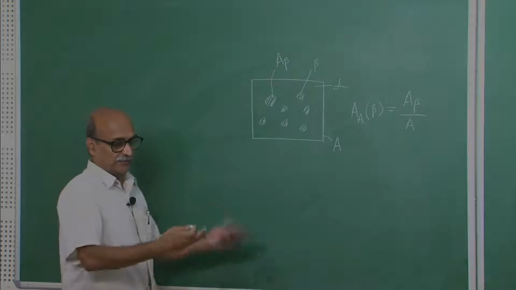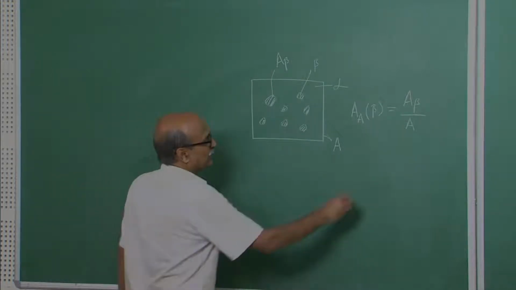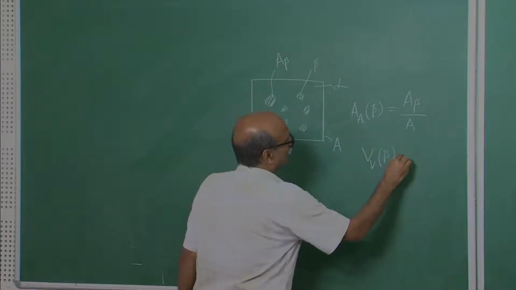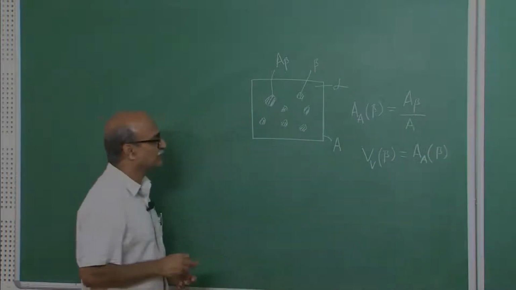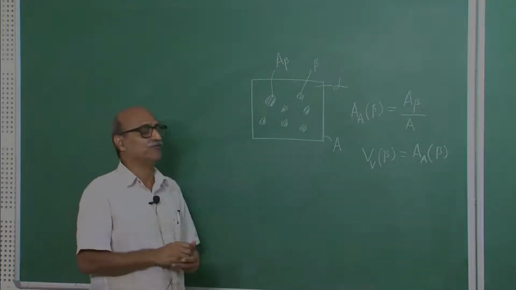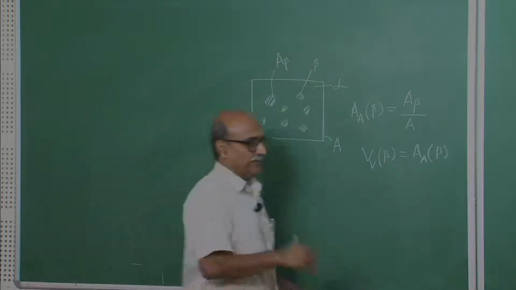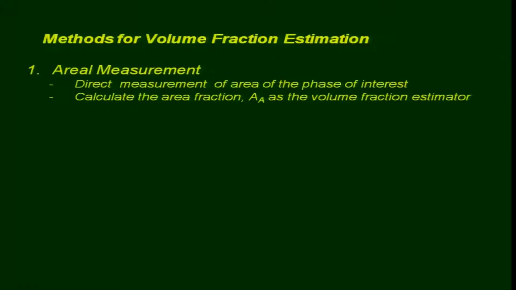This we can prove in stereology, though I am not going to prove it here, that this area fraction is nothing but the volume fraction of beta. So, area fraction is an estimate of the volume fraction of beta. So this becomes one way of measuring volume fraction.